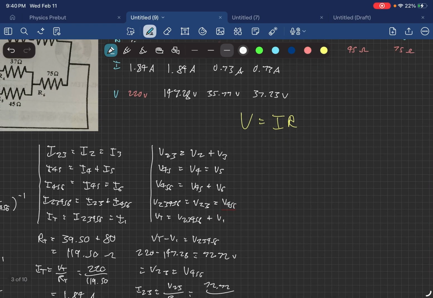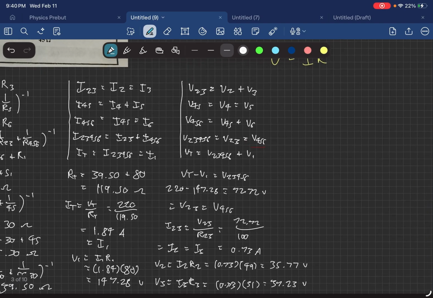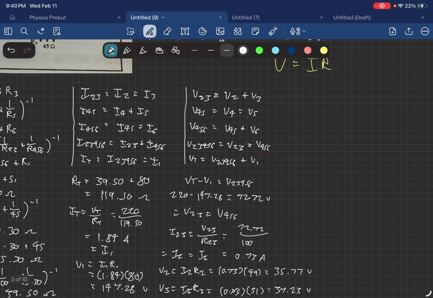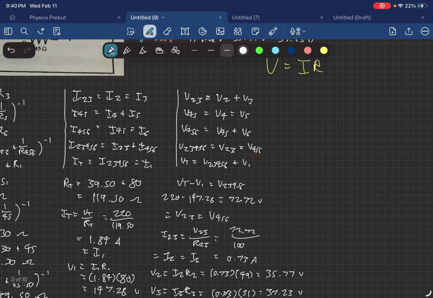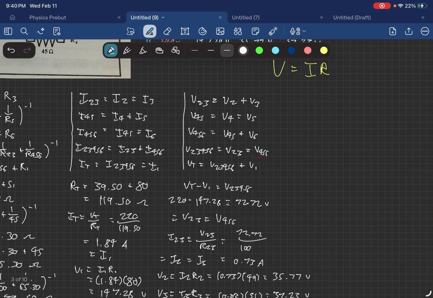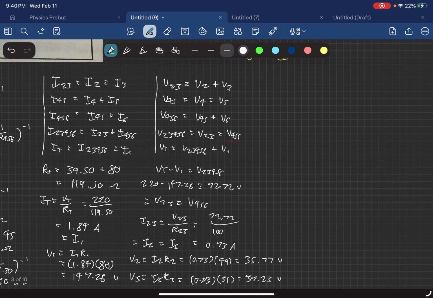Now what do we do next? Remember, we also have our 4, 5, 6 values. So let's get I456, a similar process. I456 is equal to V456 over R456. What is our V456? I forgot.